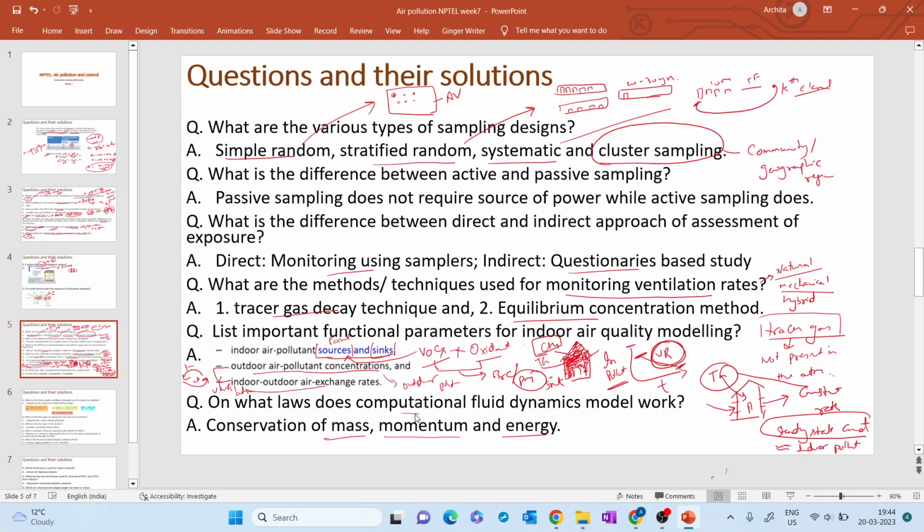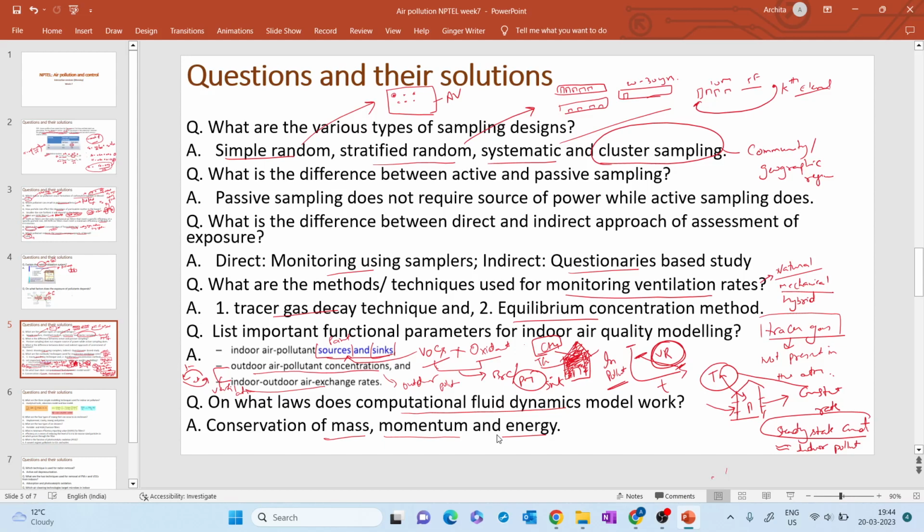So this computational fluid dynamic model works on three different conservation laws, which are mass, momentum, and energy. The very important thing about any modeling technique is that a lot of assumptions will be there, because assumptions make the simulation very easy.